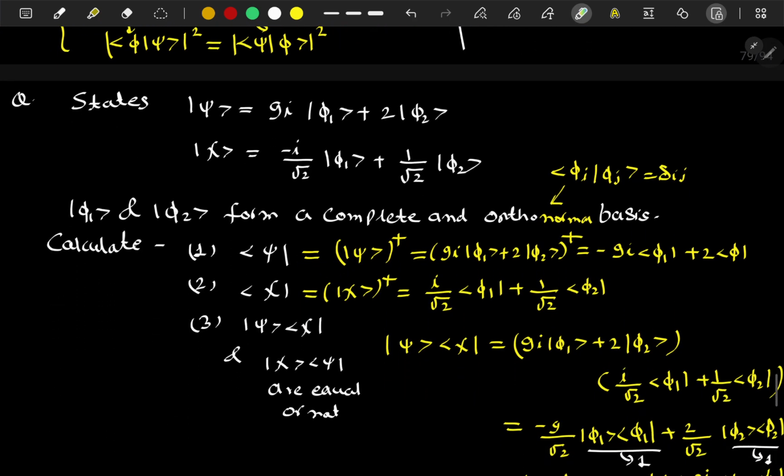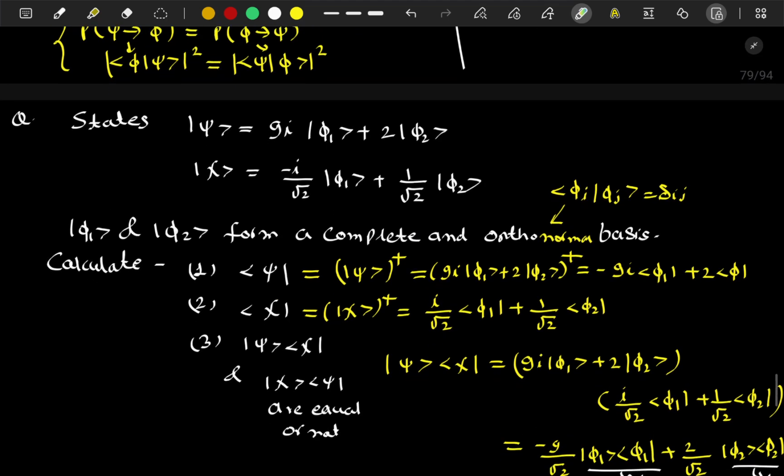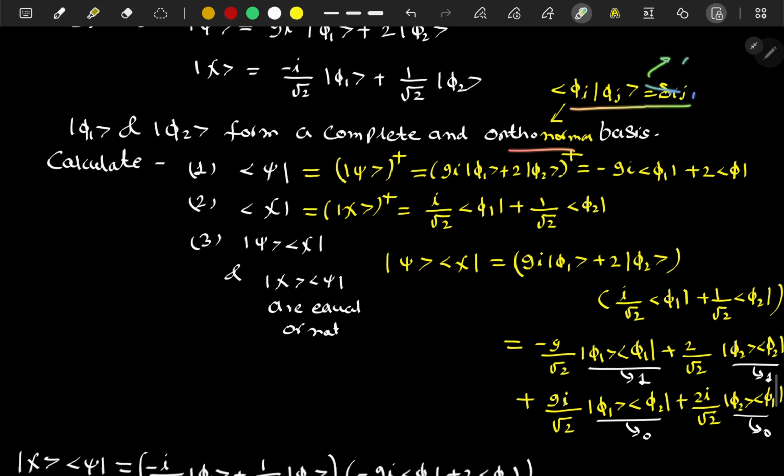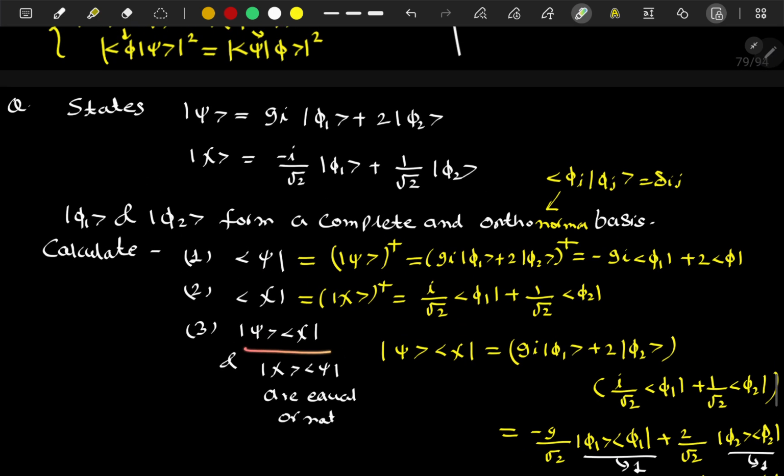Now there is a question. Suppose ket chi equals 9i over root 2 phi 1 minus... plus 1 over root 2 phi 2, and phi 1 and phi 2 form a complete orthonormal basis. Orthonormal basis means phi i phi j equals delta ij, meaning it can be either 1 or 0. Now we have to calculate bra chi and bra psi and the product of these.